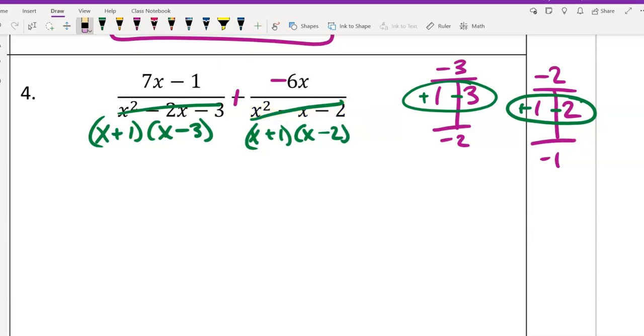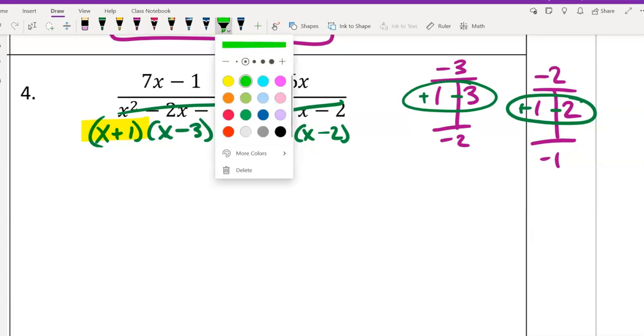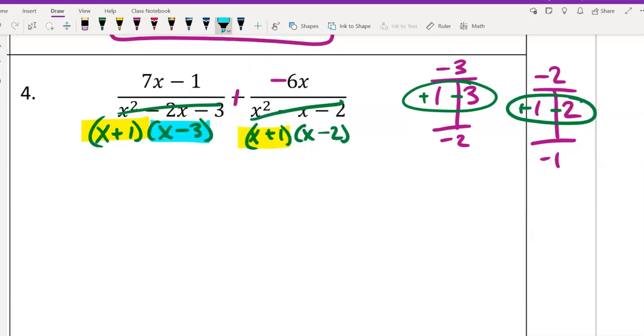All right, now because we're adding or subtracting, we have to have a common denominator. I see that both of my denominators have x plus 1, but the first fraction does not have x minus 2, and the second fraction does not have x minus 3. We're going to take this and multiply it here and here.